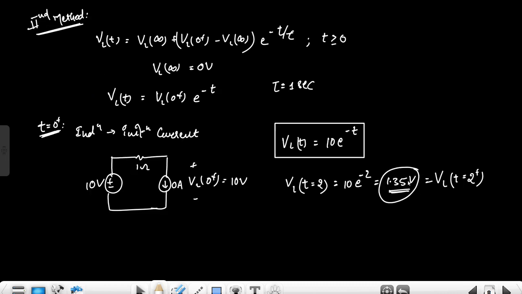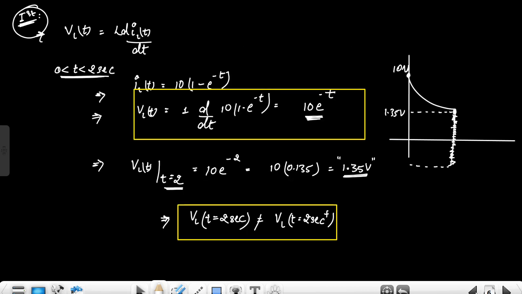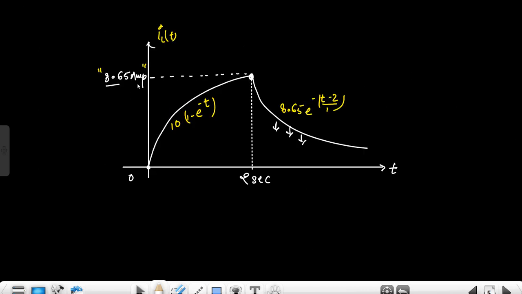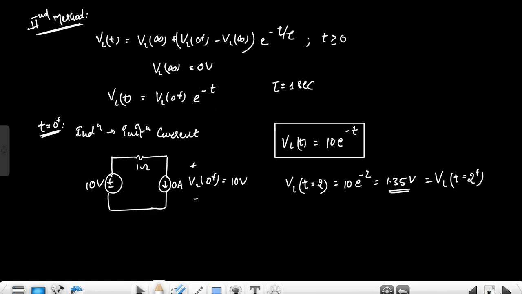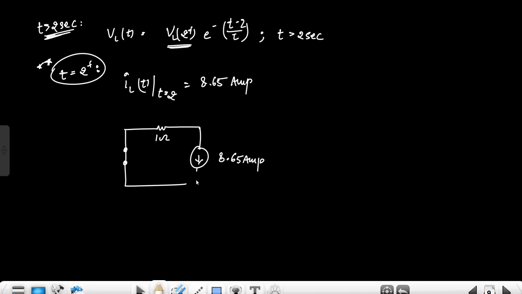the current of the inductor here, not this voltage actually, sorry, the current of the inductor, right. Till 2 seconds, how much current did the inductor acquire? IL at t equals 2 seconds, the current the inductor acquired, that was this 8.65 amperes. So the inductor will basically be replaced by a current source, right. So we will replace it by this 8.65 amperes current source. So the circuit at t equals 2 seconds plus will have this resistor, which is 1, this inductor replaced by this 8.65 amperes current, and we have removed this supply because after 2 seconds the circuit is discharging mode.